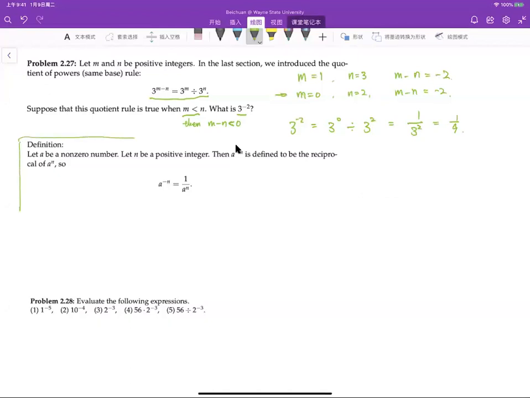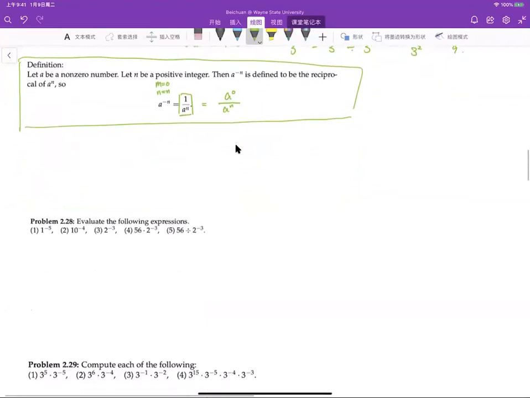It's given here, and that's exactly what we did. You just set m to be 0 and n to be n. Then you have a to the zeros divided by a to the n, so the numerator equals positive 1. So a to the negative n equals 1 over a to the n. This is how we obtain this definition.